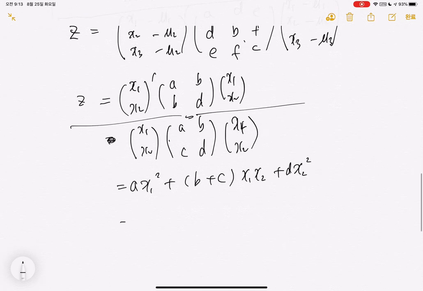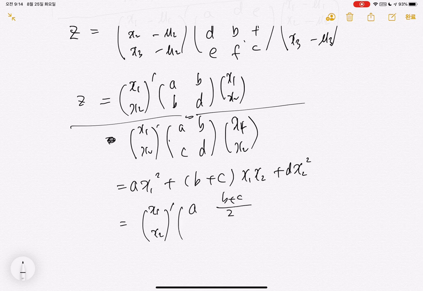So mathematically this can be rewritten as x1 x2 prime, a, b plus c over 2, b plus c over 2, d, x1 x2.